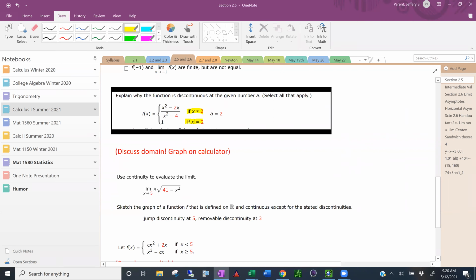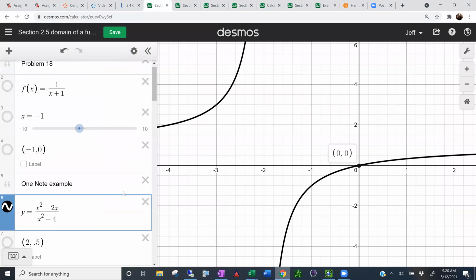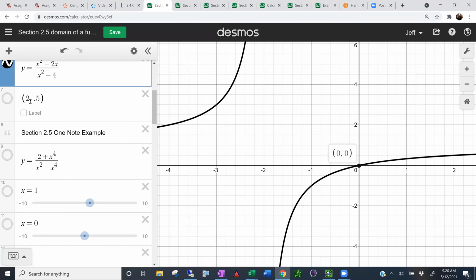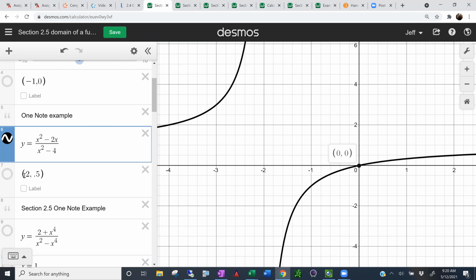So if x equals 2, the value of the function is 1. And the function at x equal 2 has a value of 1. Let's see where that is. Right here. So, now this function is kind of interesting for a couple reasons.